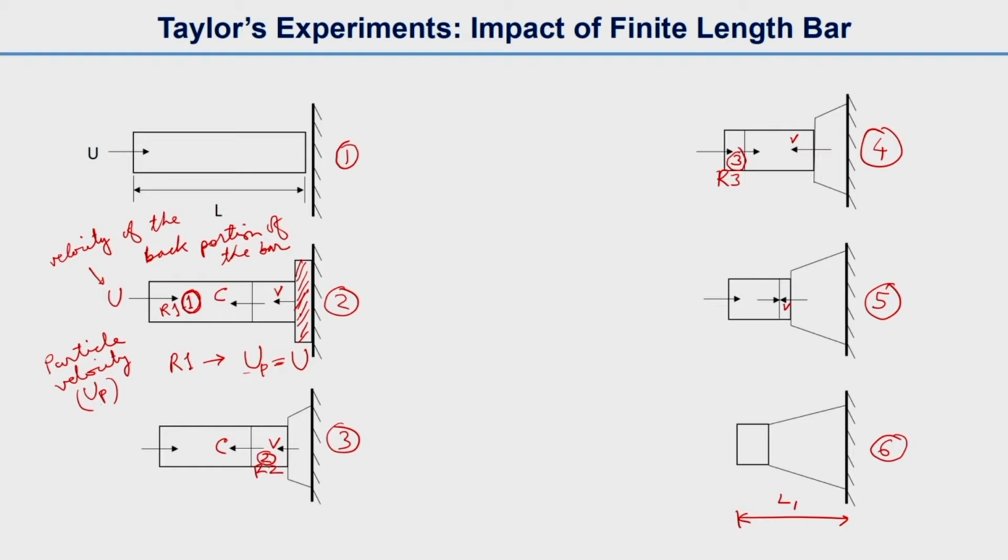For region R2, we can see that the region is behind the elastic wave front, and this is the plastic wave front. So it is in between the elastic and the plastic wave front.